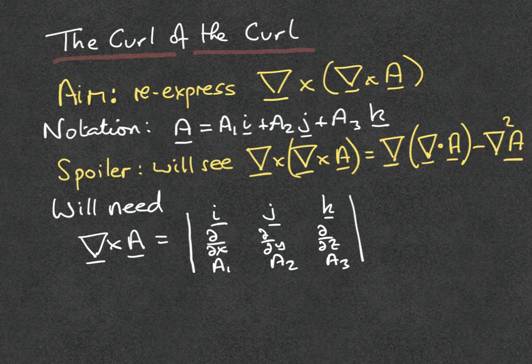Now A is a vector, and we are here applying the Laplacian to it. So the Laplacian of a vector field means the Laplacian acting on A1 in the I direction plus the Laplacian acting on A2 times J plus the Laplacian acting on A3 times K. And just to be very concrete, the Laplacian acting on A1 is d2 by dx squared of A1 plus d2 by dy squared of A1 plus d2 by dz squared of A1.